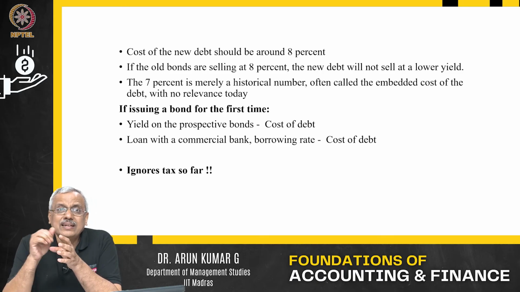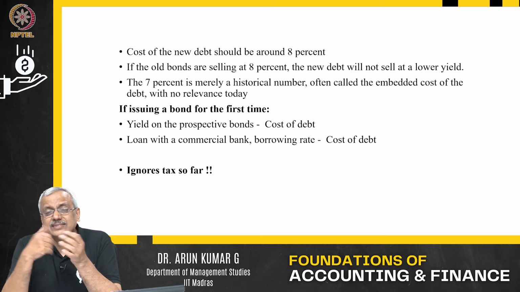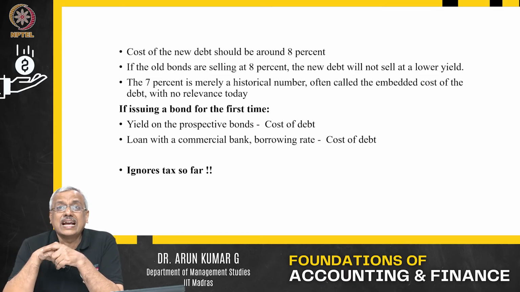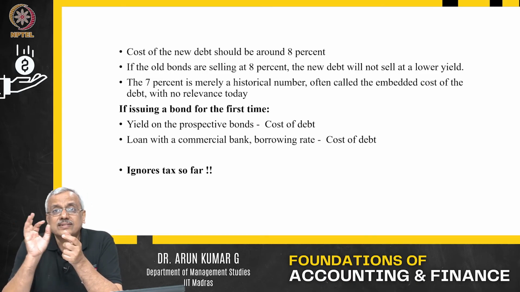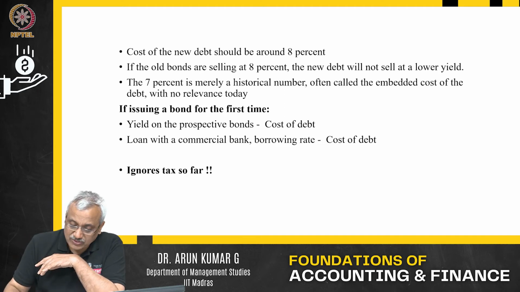What is the expected yield on the debt? Loans with a commercial bank, the borrowing rate is the cost of debt. The rate at which I borrow is the cost of debt. Yield is the expected yield. Expected yield on an instrument is the cost of debt. So, we are ignoring taxes so far, and go ahead.